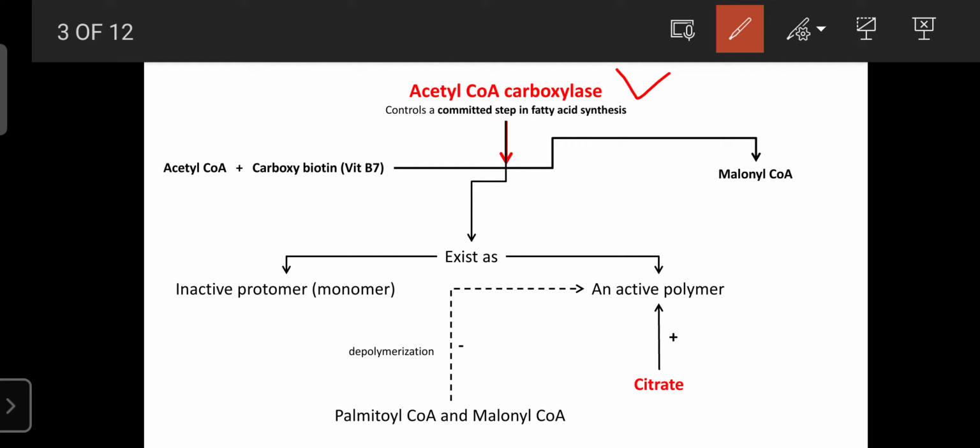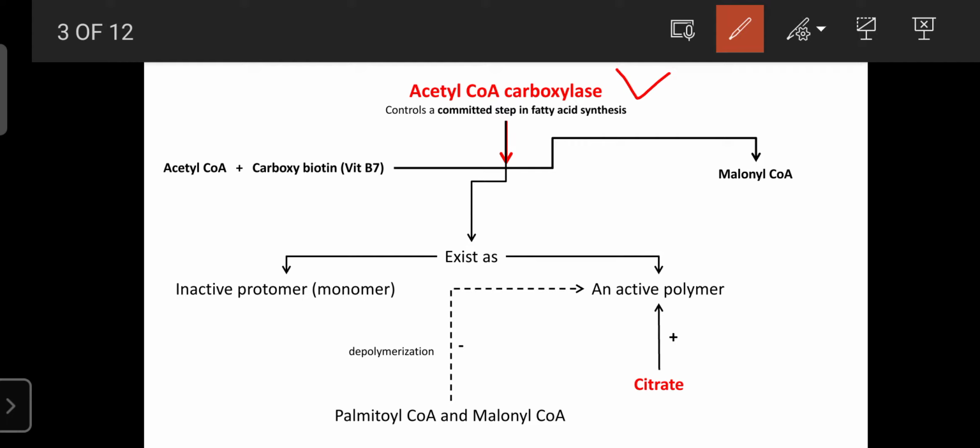So that is the role of malonyl CoA, and malonyl CoA is formed by acetyl CoA carboxylase, and this is a committed step in fatty acid synthesis. These steps mainly depend upon the activity of acetyl CoA carboxylase.